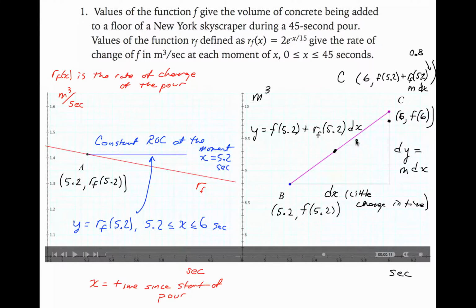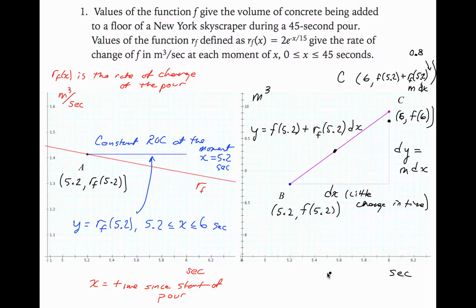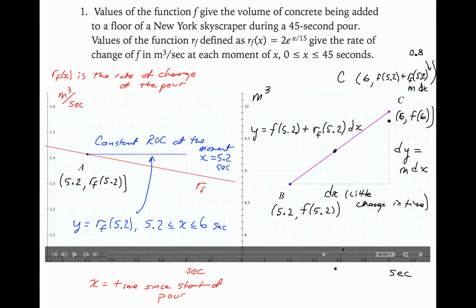Now, how can we express dx in terms of the current time x? Well, it's just final value of time minus initial. So the final time here is x, and the initial time is 5.2. So I could rewrite this dx right here as x minus 5.2.